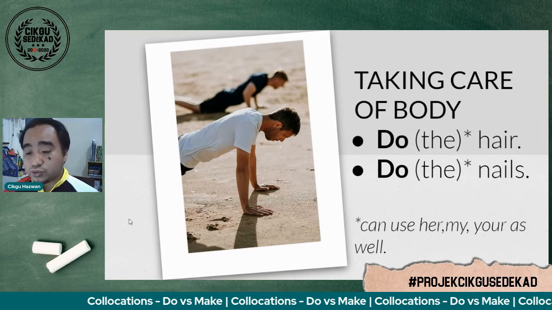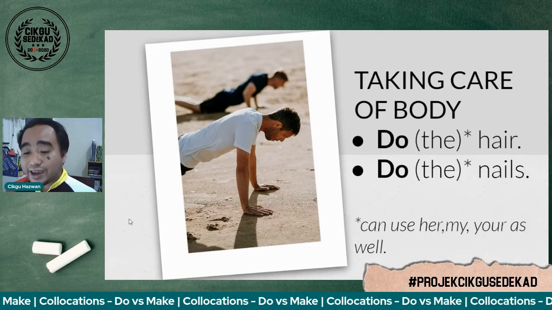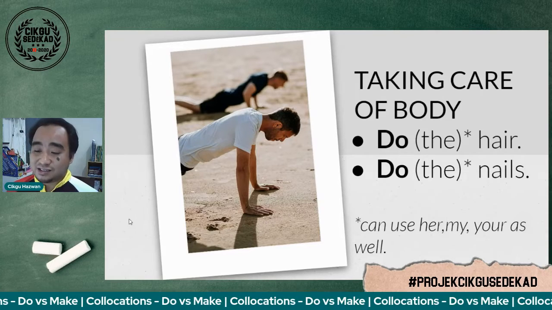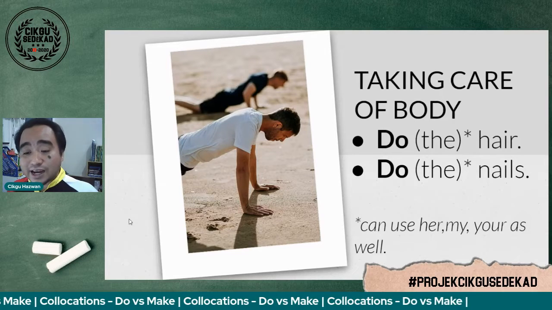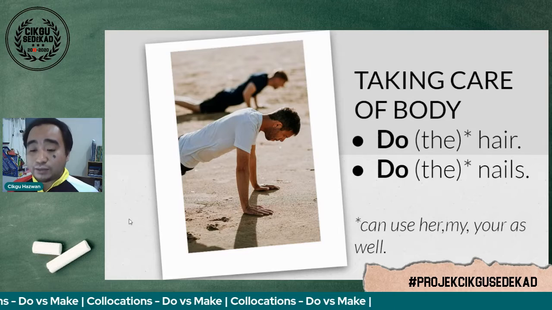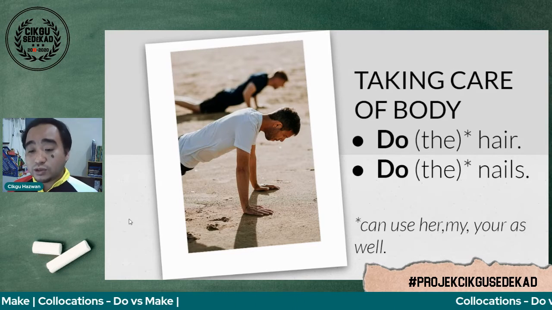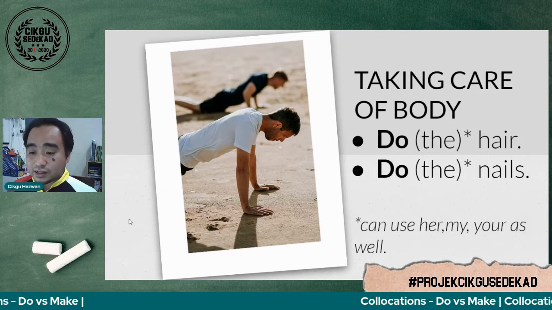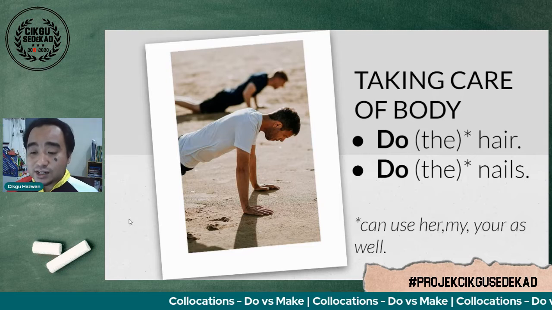We also use do, for example, when we say do the hair or do the nails. So if you say do the hair, meaning to say that I'm going to style my hair. I'm going to the salon to do my hair, or I'm going to the nail salon to do my nails or do the nails.